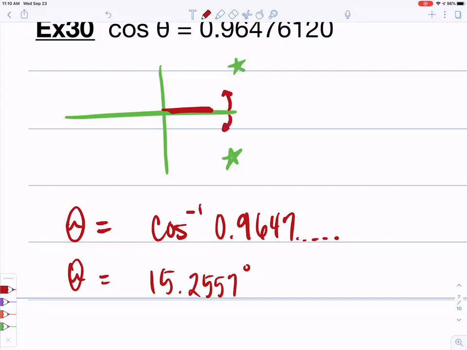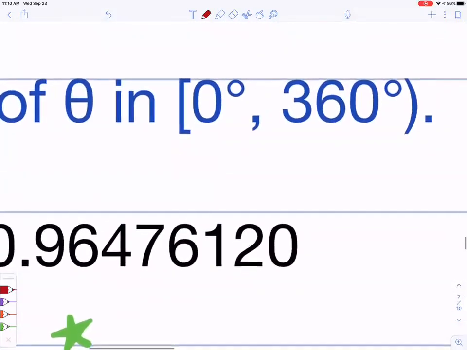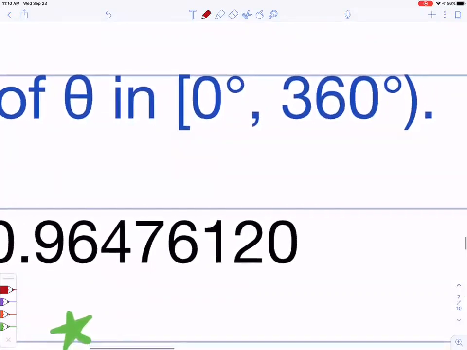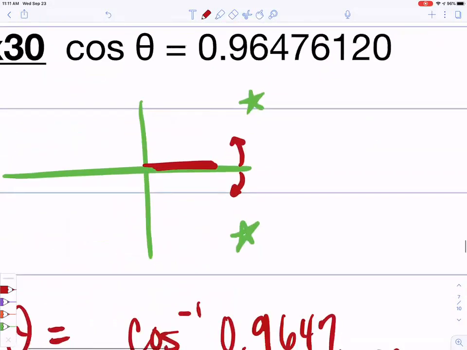Go down 15 degrees, and the name of that would be, don't think too hard, I'm just looking for a number here. Negative 15 something, right? That would be correct, but does that follow the instructions? Is negative 15 degrees inside of that interval? No. So I can't call it negative 15 degrees, even if that's a correct answer, because it doesn't match my instructions.